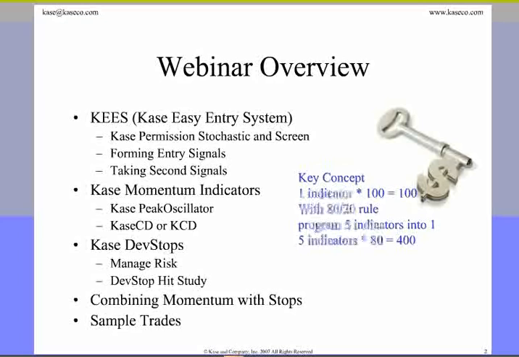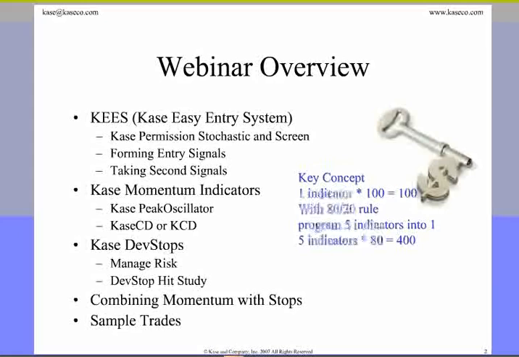One of the key concepts that spans the entire presentation and underlies my entire way of thinking is Pareto's Law, otherwise known as the 80-20 rule. What I say is that you can capture 80% of what an indicator does with 20% of the code.